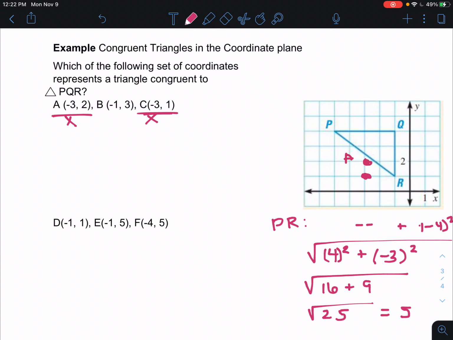This would be A, this would be C. Since they're on the same x value, which is negative 3, we don't need to use the distance formula because we can count, right? It's a vertical line.